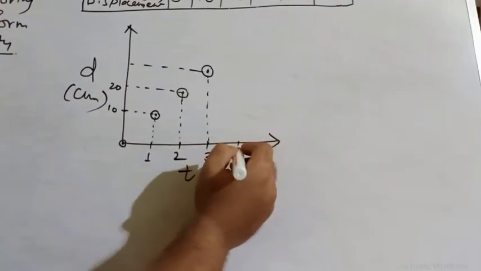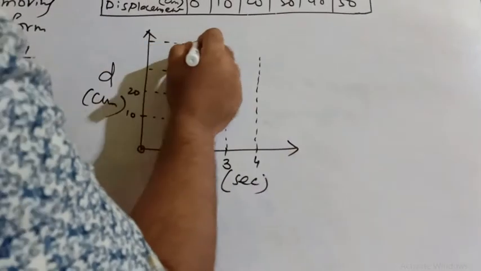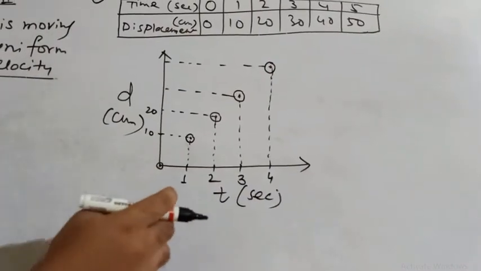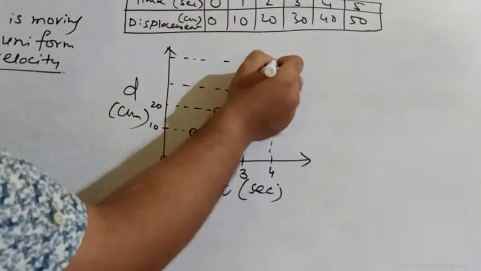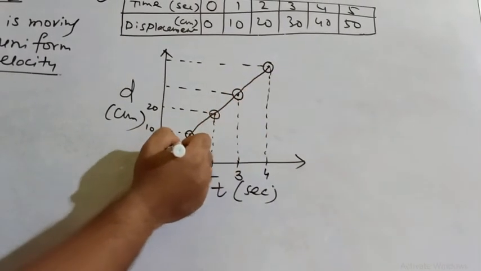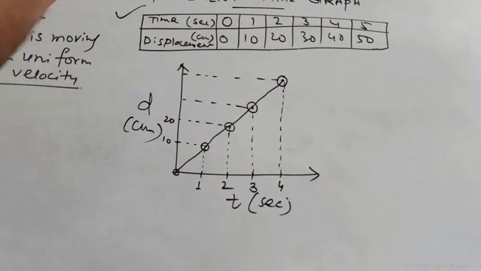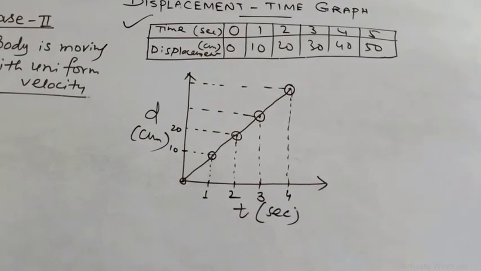And I am taking 4, 4 for 40 here. Clear? If I join these points, I will get one straight line. Clear? So if I join this, I will get one straight line here.